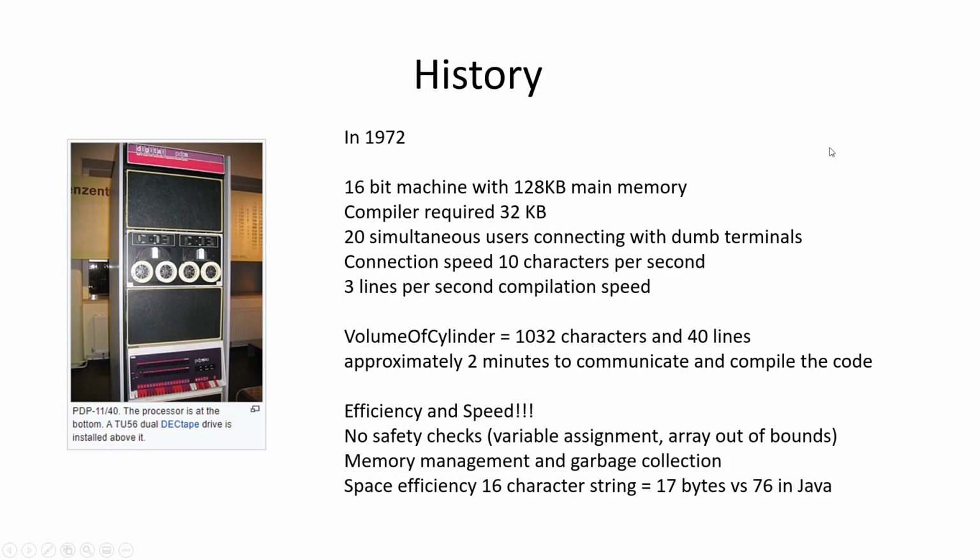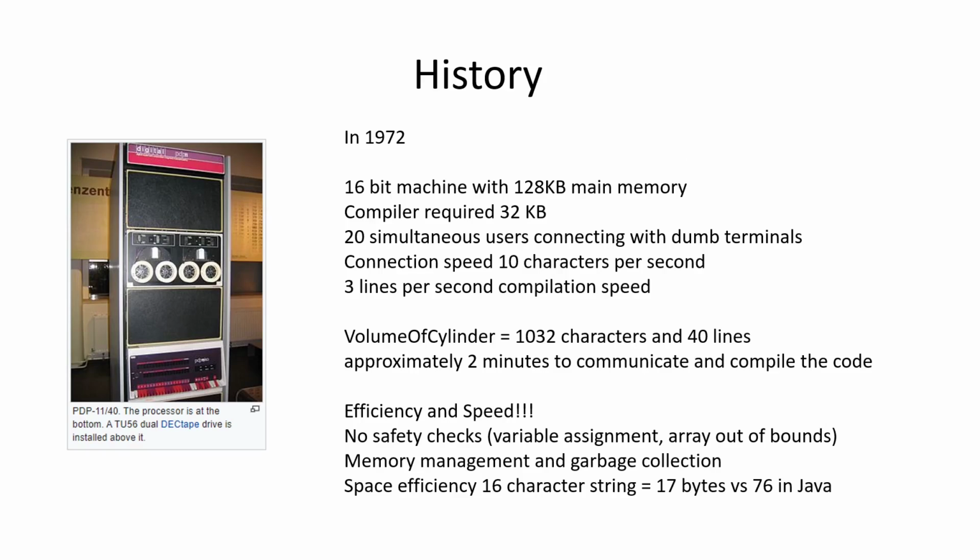They were working on a PDP-11, and in 1972 this was a 16-bit machine with 128 kilobytes of main memory. So my computer here on my desktop is a 64-bit machine and has 16 gigabytes of memory, so substantially more. And in fact, running the compiler actually took a quarter of the main memory just to run the compiler, 32 kilobytes.